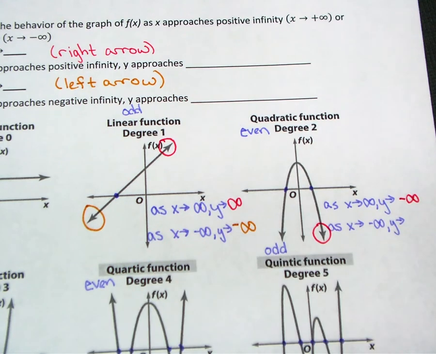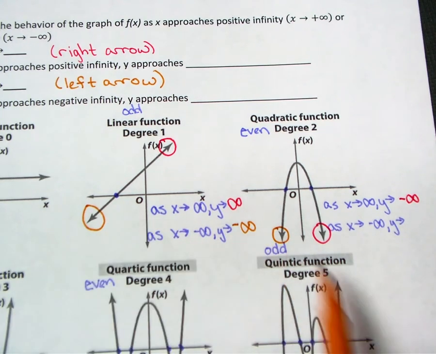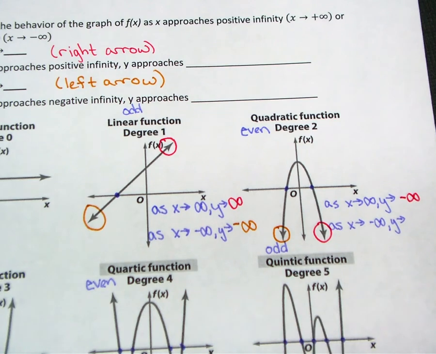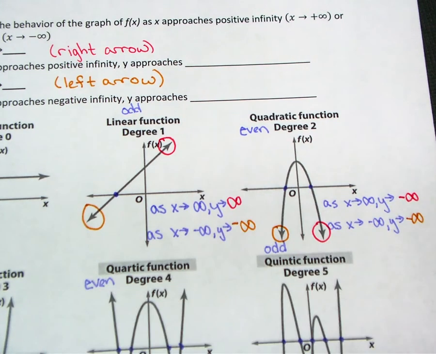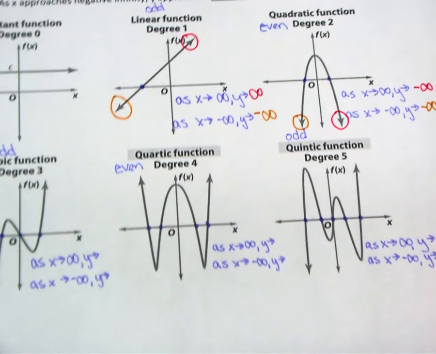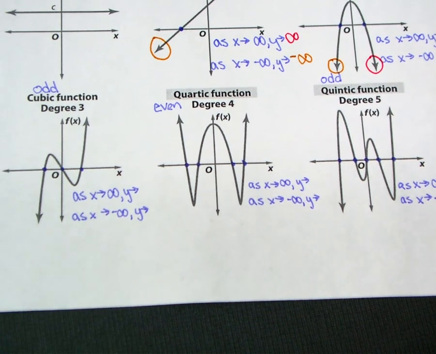Now the left arrow, as x approaches negative infinity, that's the left side, it's pointing down, so that means that y is approaching negative infinity. Now remember, be thinking about any patterns for the evens and the odds and their end behavior, because there is one.